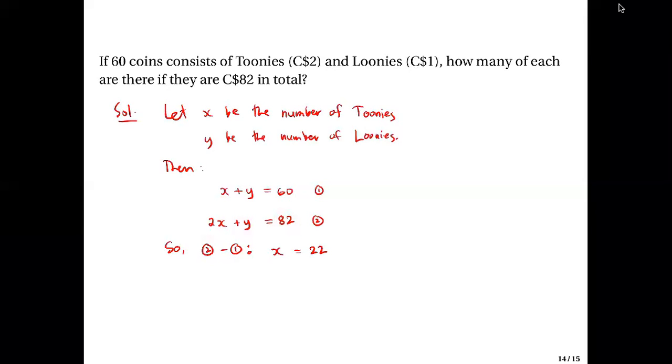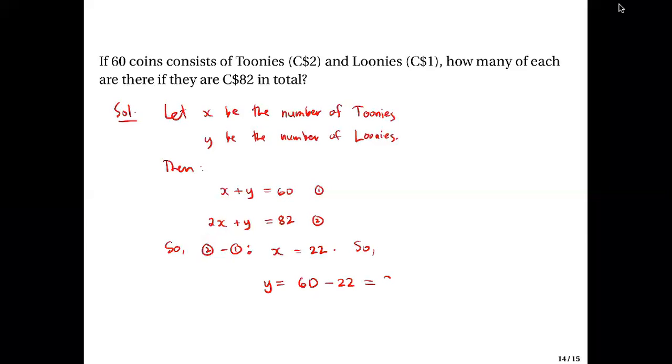So there will be 22 toonies. And therefore, we can use equation 1 or equation 2 to solve for y. Let us use equation 1. So we will have y equals 60 minus 22.